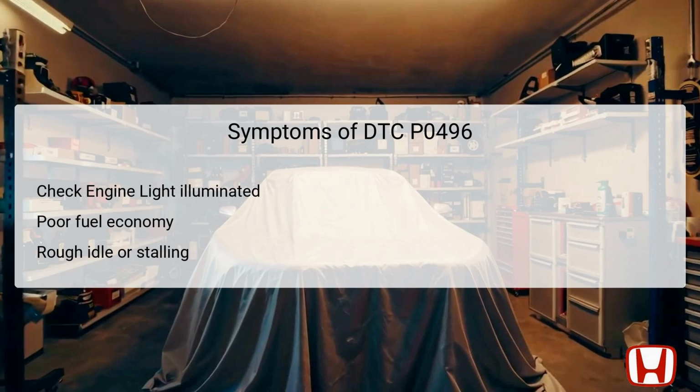Furthermore, the vehicle may exhibit rough idling or stalling, particularly during startup or idle conditions, resulting from engine control issues linked to the EVAP system's malfunction. Being aware of these symptoms can assist in addressing the problem sooner rather than later.